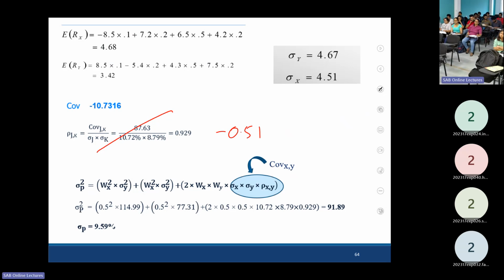If you invested in Y only, this is the expected return and this is the risk, the standard deviation. If you construct a portfolio equally weighted by investing 50-50, your portfolio expected return was 4.05.